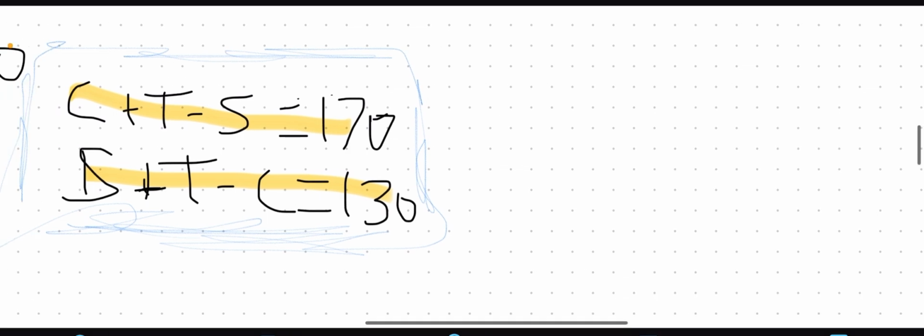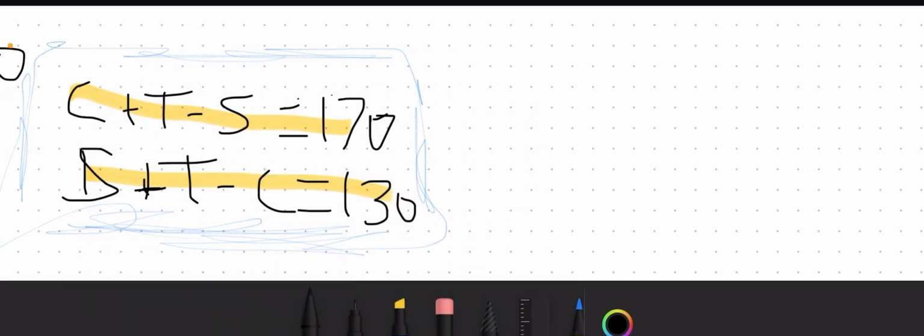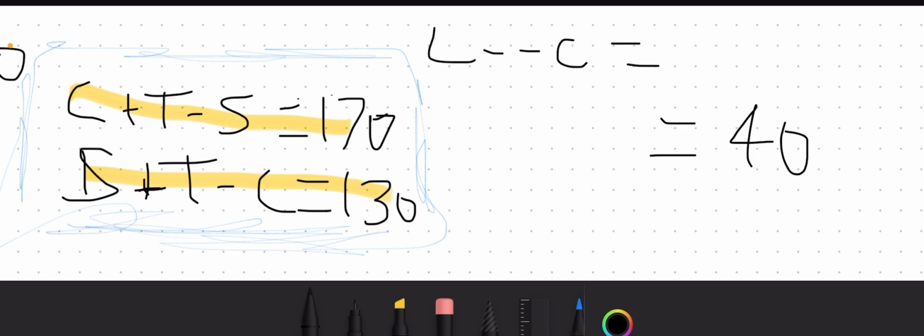So we know it's going to equal 170 minus 130, which is 40. On our left side here, let's look at the C's first. If we have C and we're subtracting a negative C, it's going to give us 2C. Okay, now let's look at the S's.